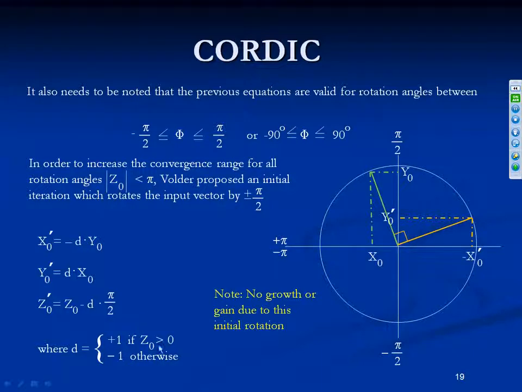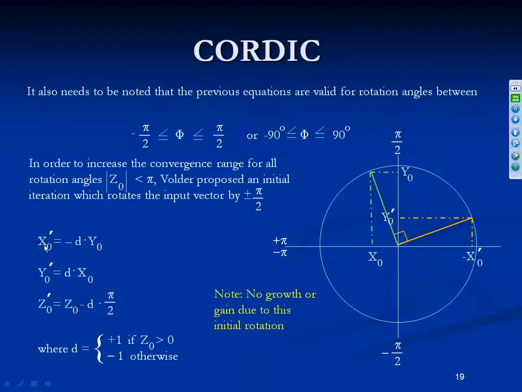And the way we determine that is if the angle is greater than 0, then we are going to subtract pi over 2. If the angle is less than 0, let's say it's over here in this quadrant, then we're going to add pi over 2 to get it back into this quadrant. And here's what we do to x and y in order to do that translation.